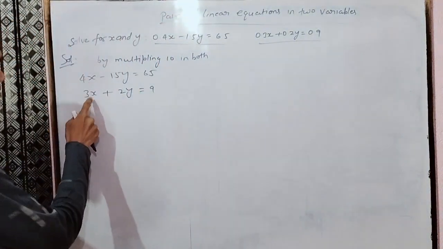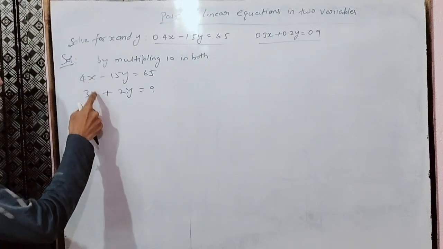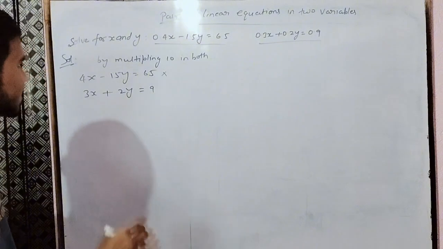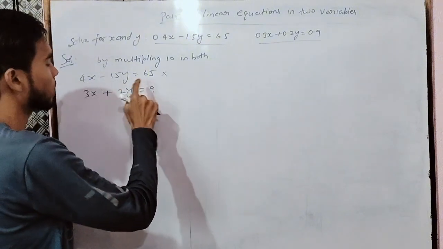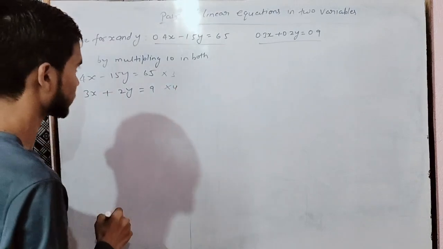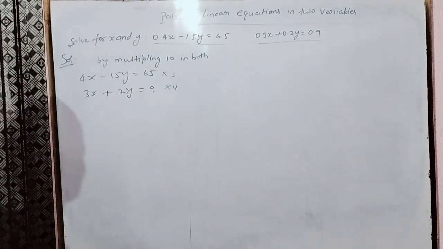For example, I am making this pair of x variable equal to each other. So how will it be possible? I will multiply this whole equation by 3 and this whole equation by 4. Then it will be possible.